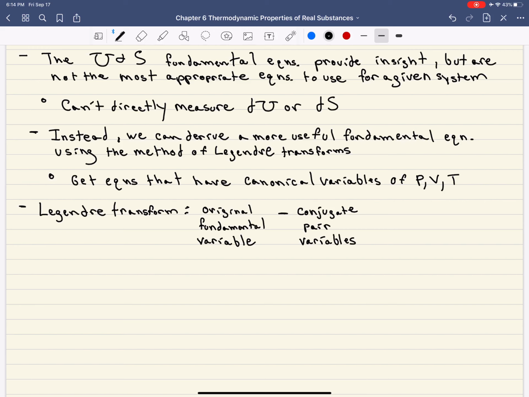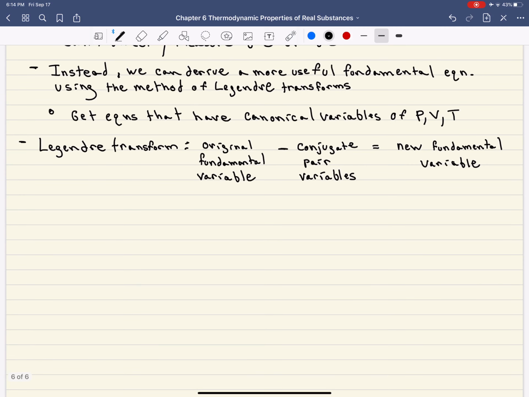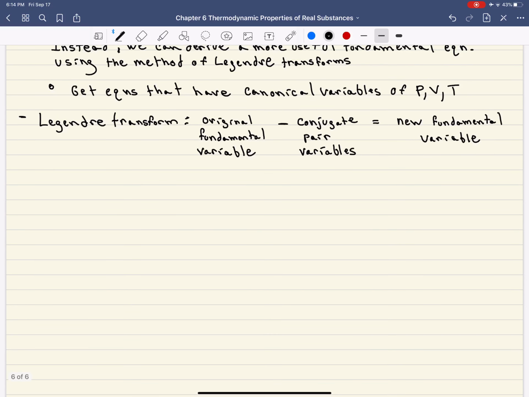Okay? And doing this just gives you a new fundamental variable. All right, so that's the concept of it, but it's going to make more sense if I actually just show you an example.